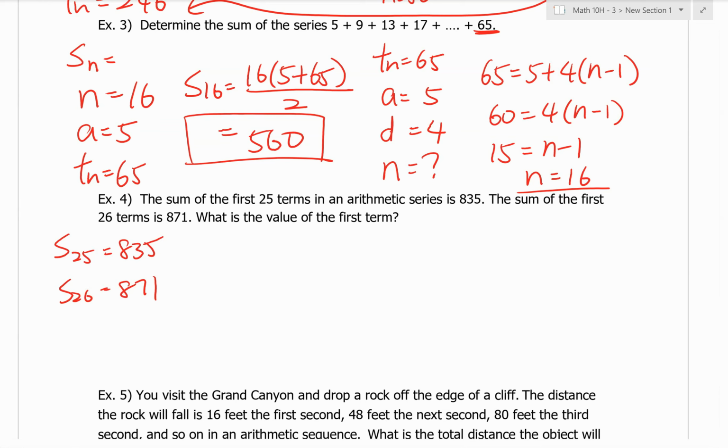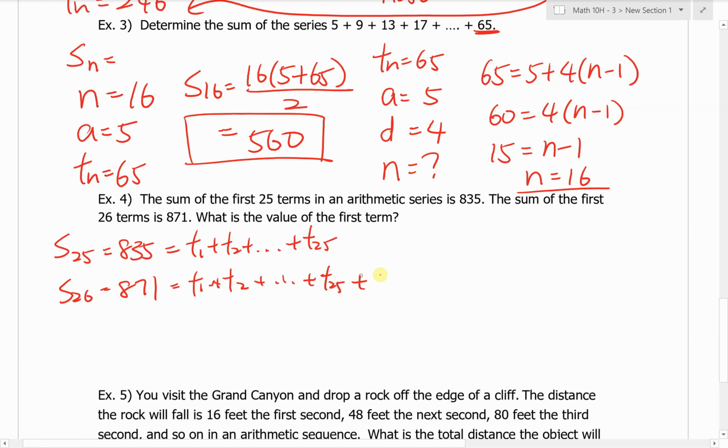Think about what S25 means and what S26 means. This really means T1 plus T2 plus and so on up to T25. And S26 means T1 plus T2 plus and so on up to T25 plus T26.